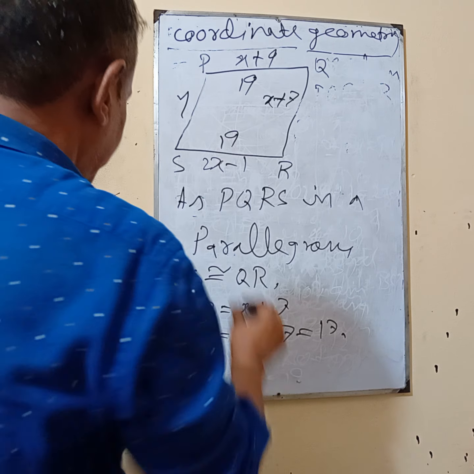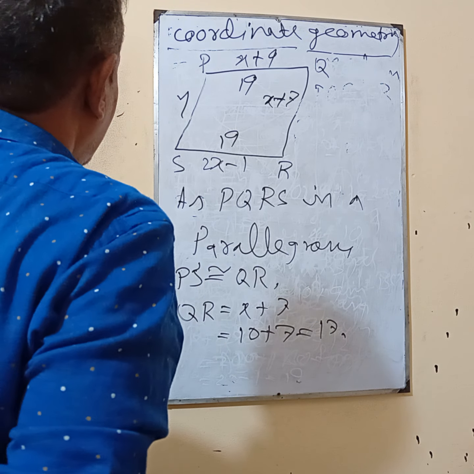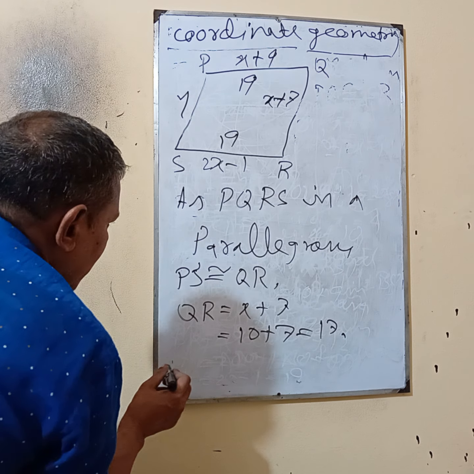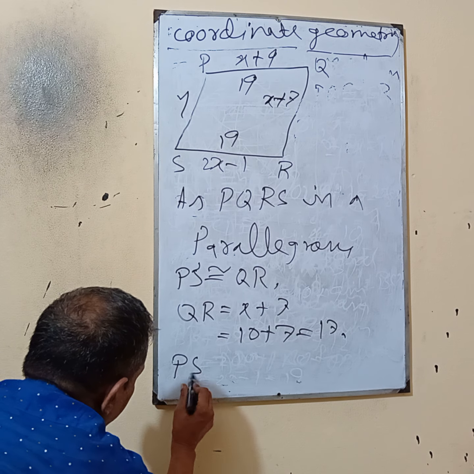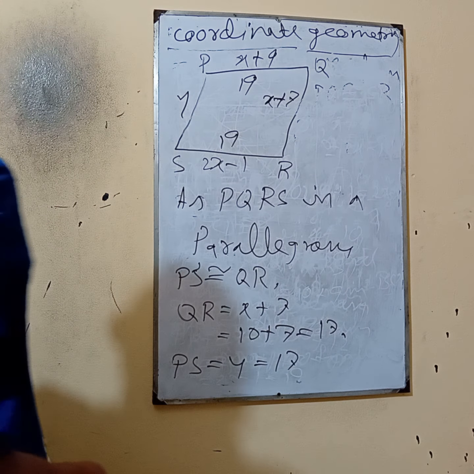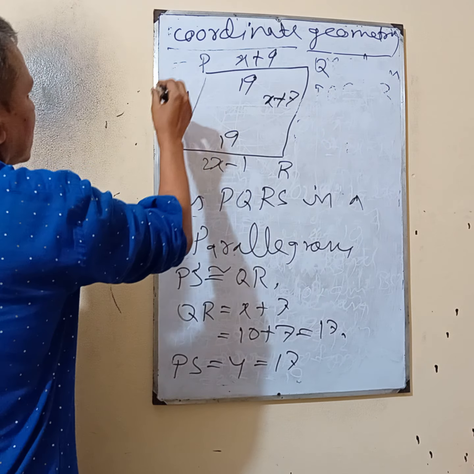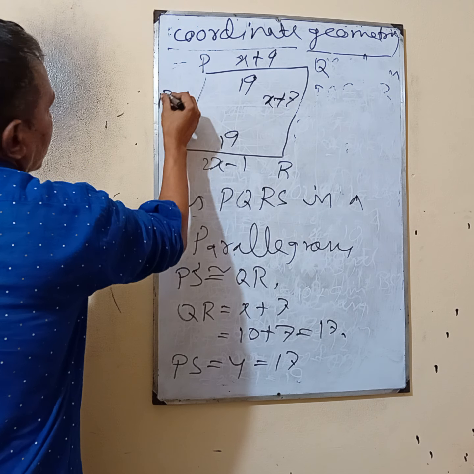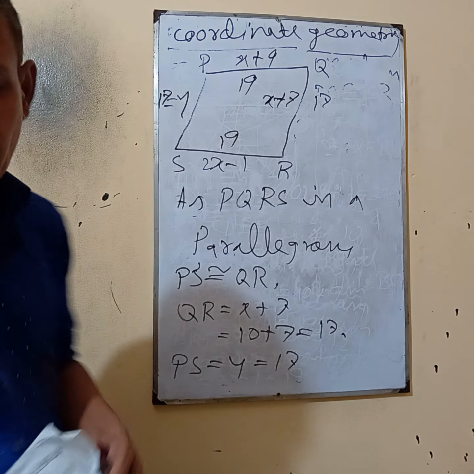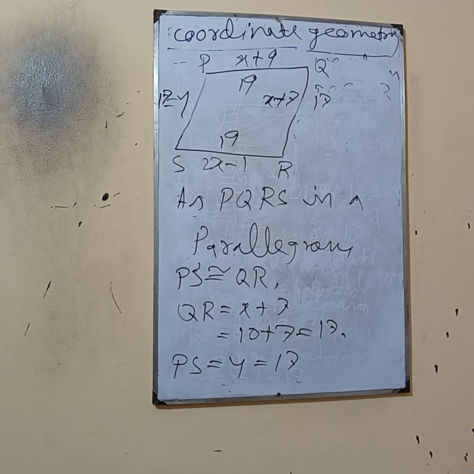So PS is equal to y, and as it is a parallelogram, y is equal to 17. I am just discussing this.